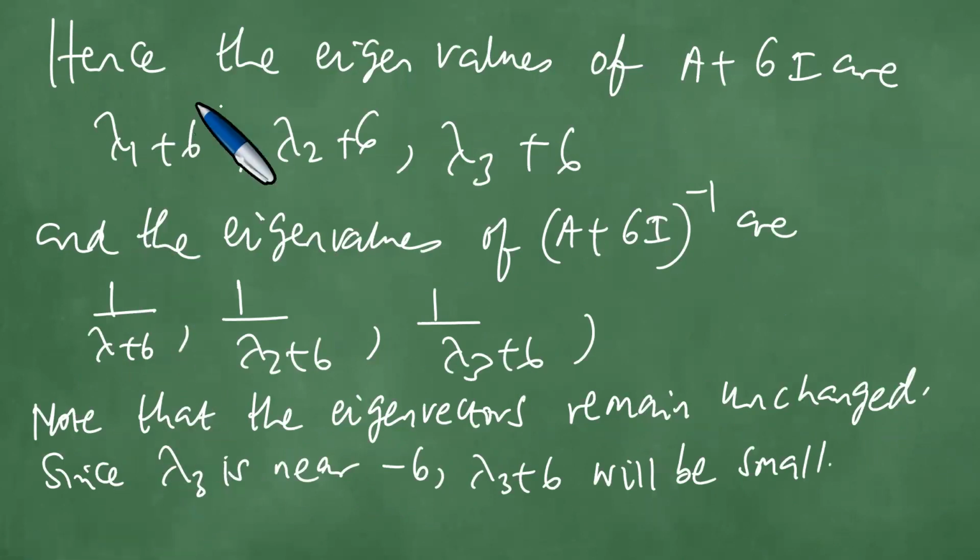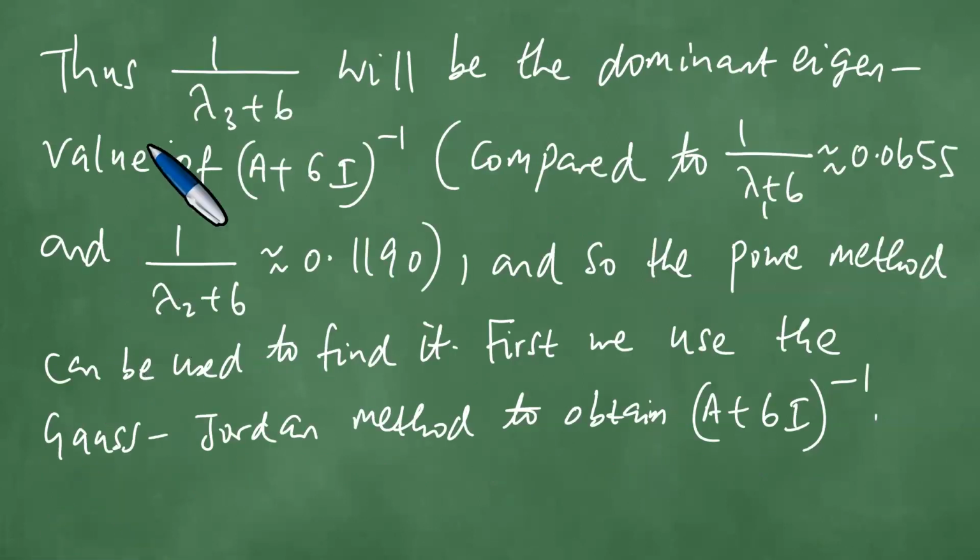All right, a couple of things. Hence, the eigenvalues of A plus 6I are these. And the eigenvalues of the inverse of that are these. Note that the eigenvectors remain unchanged, but since lambda 3 is near minus 6, lambda 3 plus 6 will be very small.